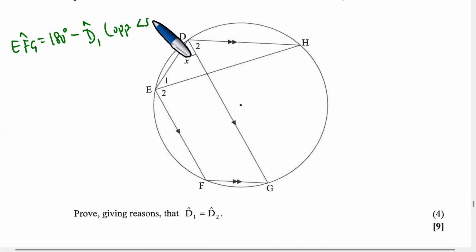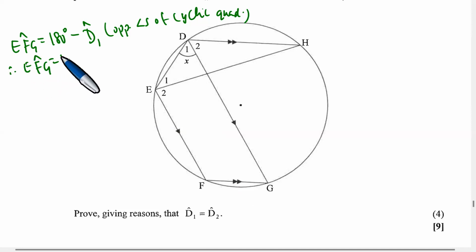Opposite angles of a cyclic quad. The observation is therefore that angle EFG is 180 degrees minus D1, like this.